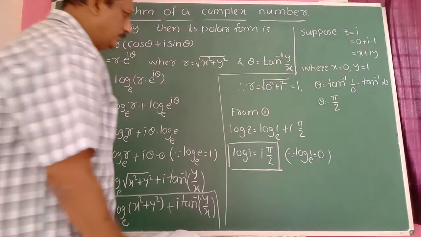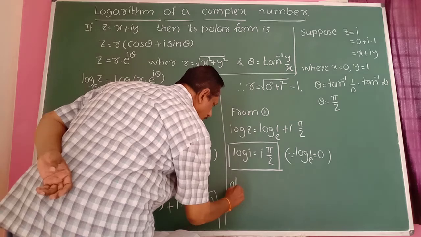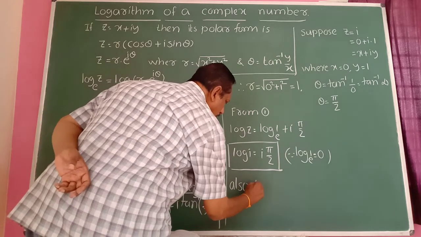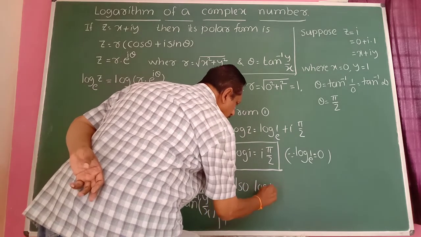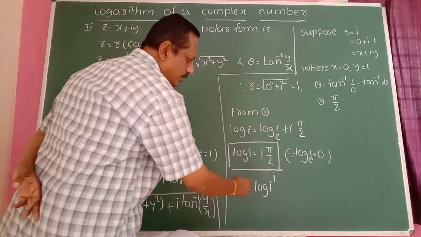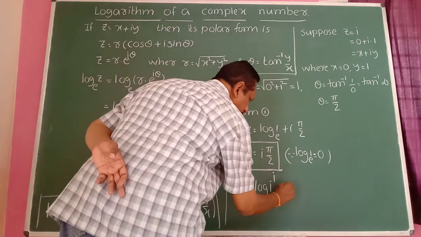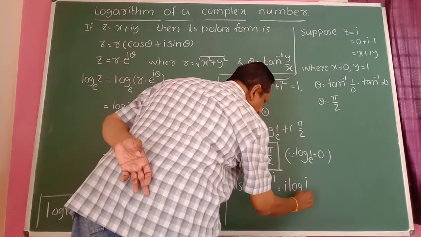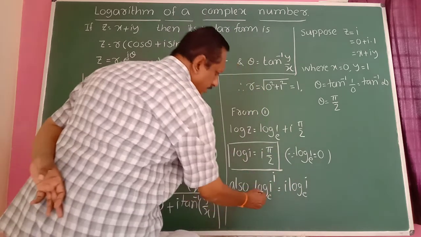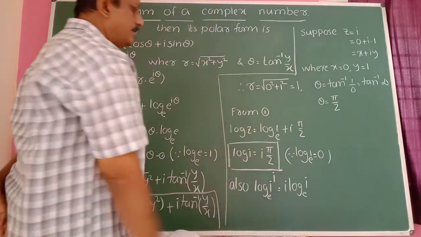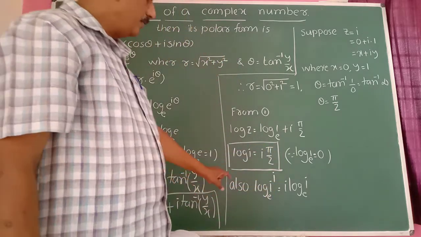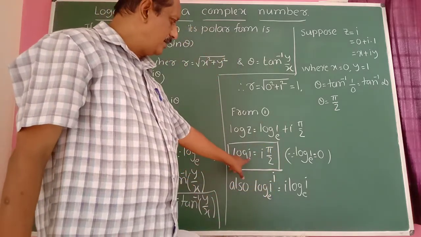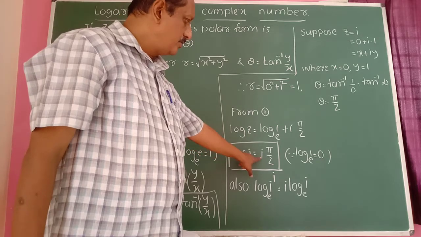Okay, also log of i raised to i. Using the property of logarithm, log of i raised to i is i into log of i to the base e. And you know, log of i is i into pi by 2.